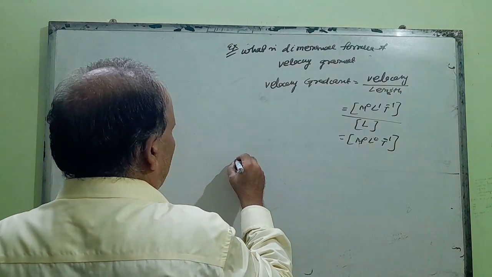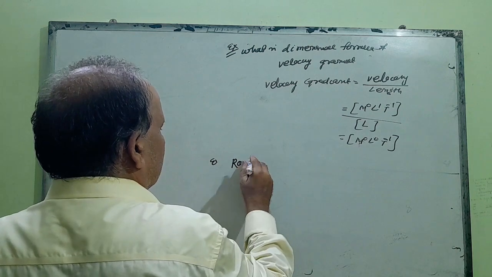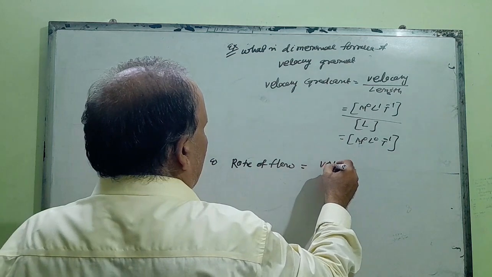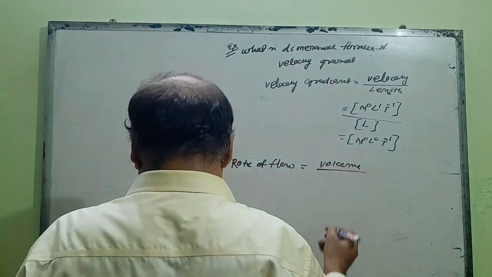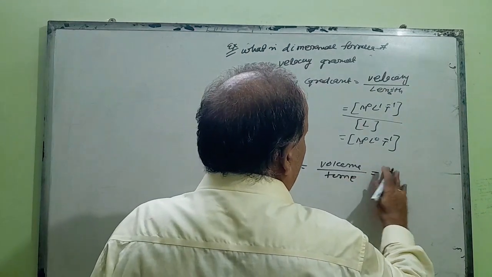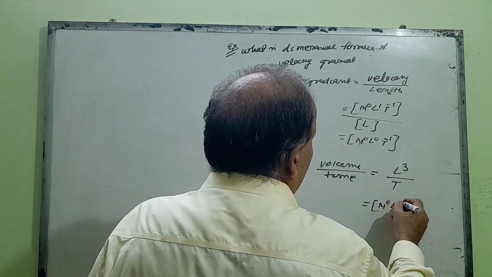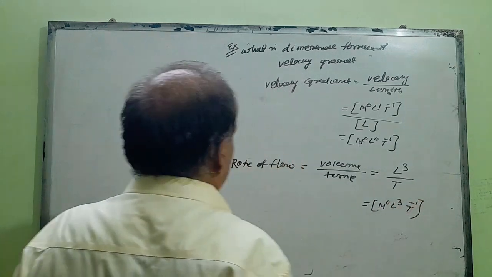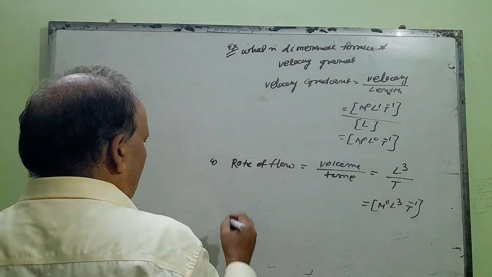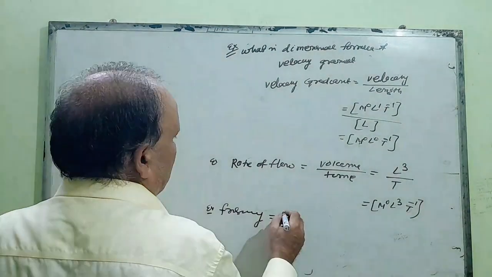Next come to your rate of flow. Rate of flow means what? Volume by time. Volume is your what? L cube by time, that is your M0 L cube T to the power minus 1. Your frequency. What is your dimensional formula for frequency?